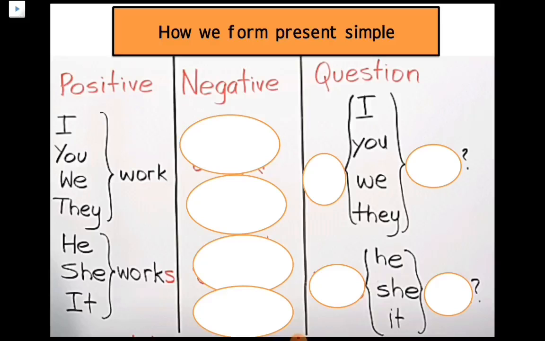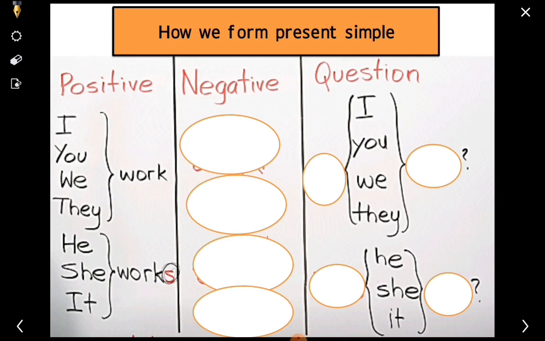But please pay attention to the third subject pronouns, which are he, she, it. We call them third person singular. When we have these three subject pronouns, or we have other subjects like Ahmed, Muhammad, Karima, the table, the book, school, etc., we need to add an S here. Please pay attention to this one.